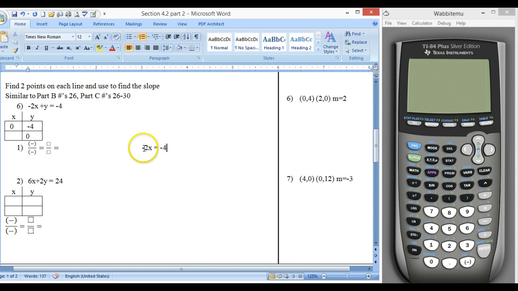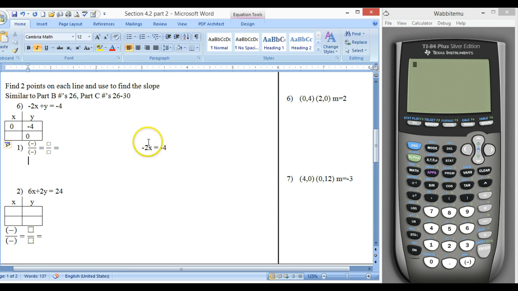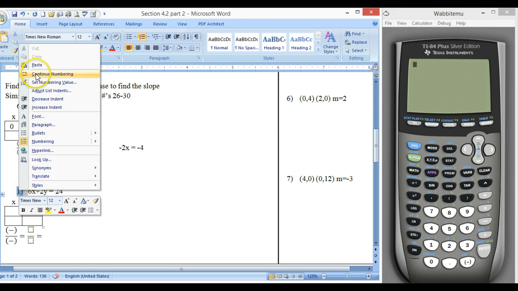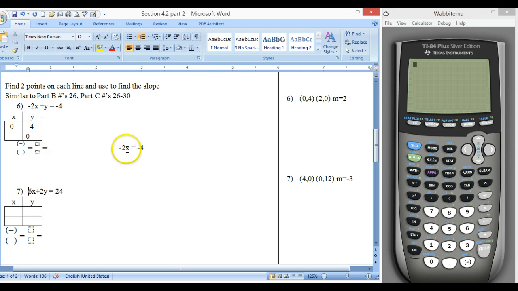And divide both sides by negative 2 gives me positive x equals positive 2.